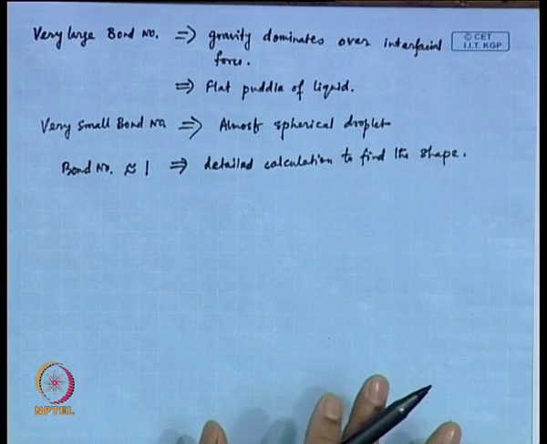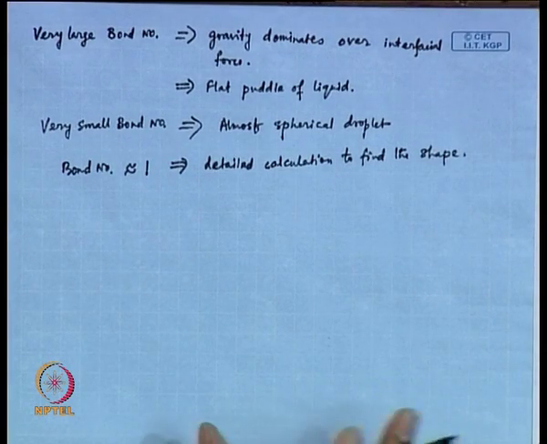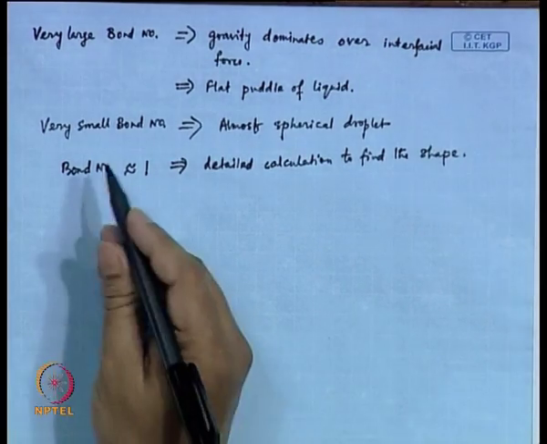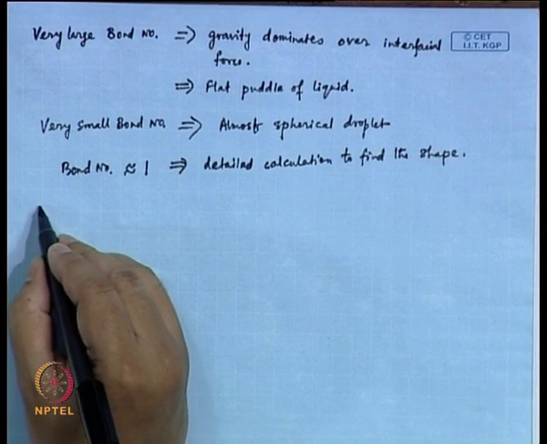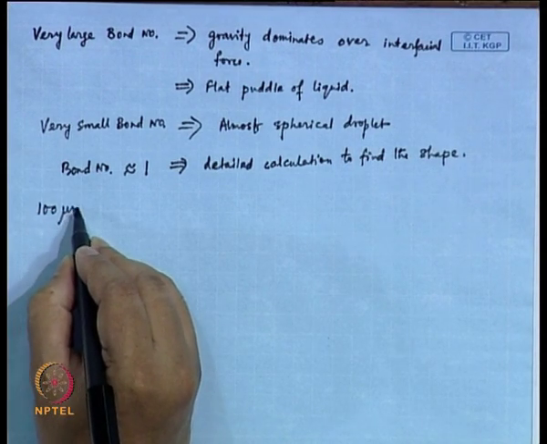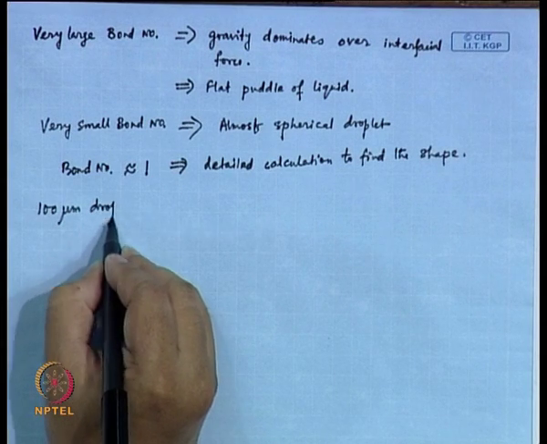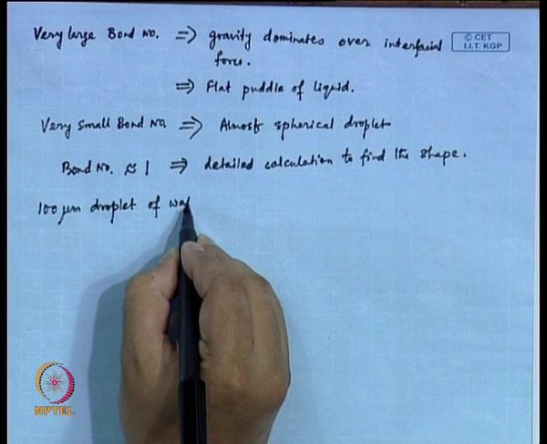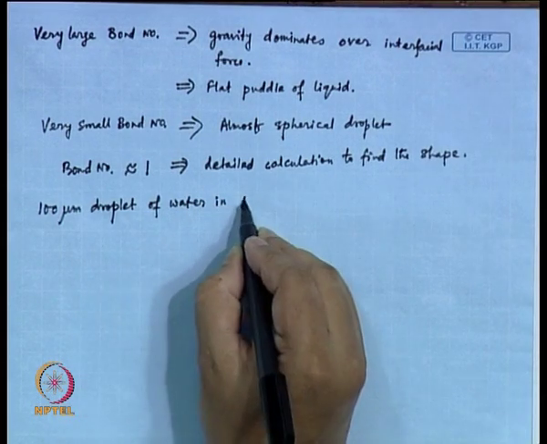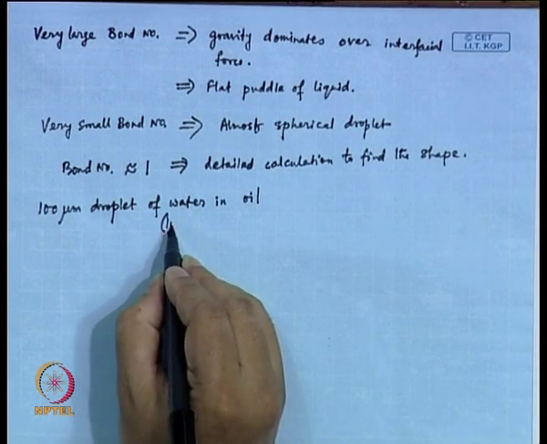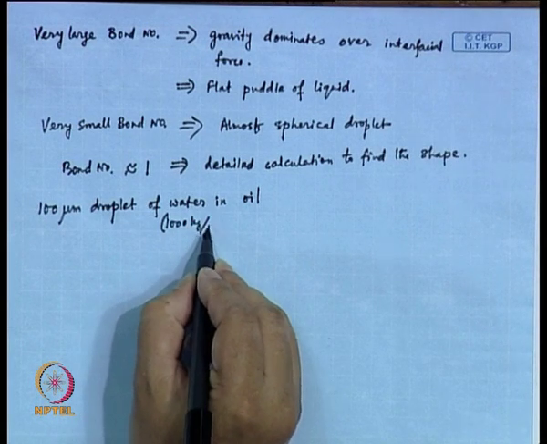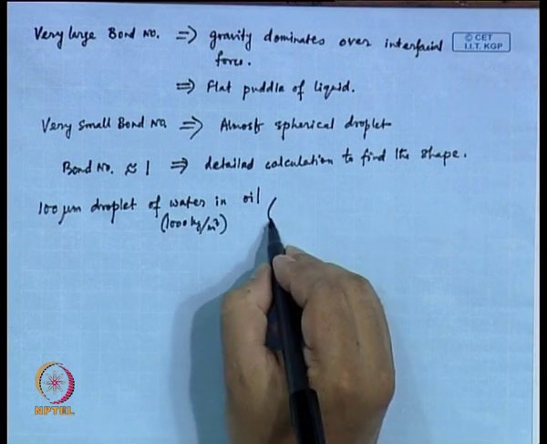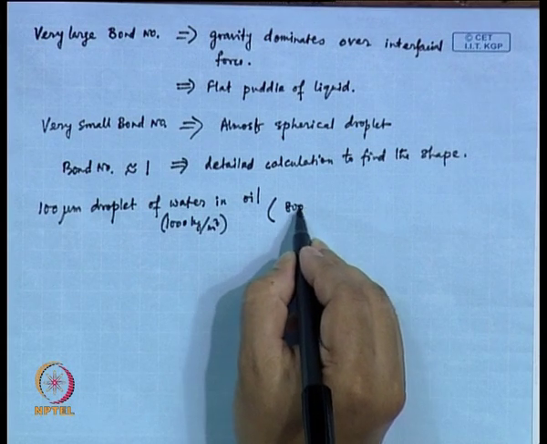Now, let us get a feel for what could be a Bond number in case of a microchannel. If we look at say a 100 micrometer droplet of water in oil, water density you assume as 1000 kg per meter cube and oil density you assume as 800 kg per meter cube.